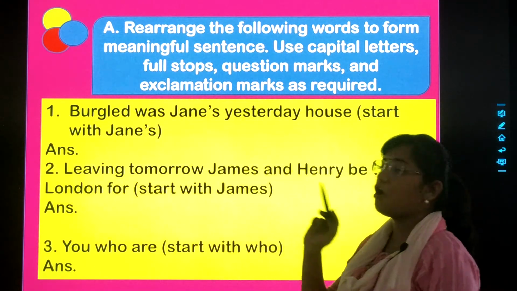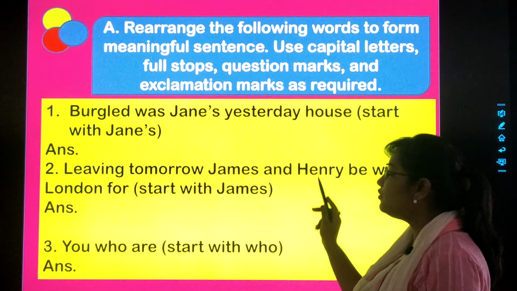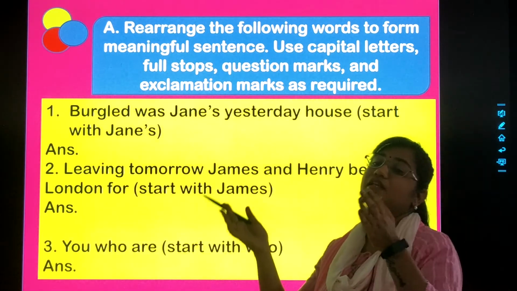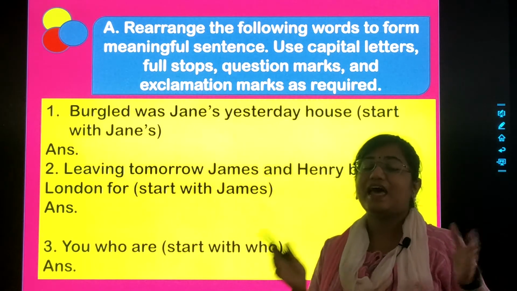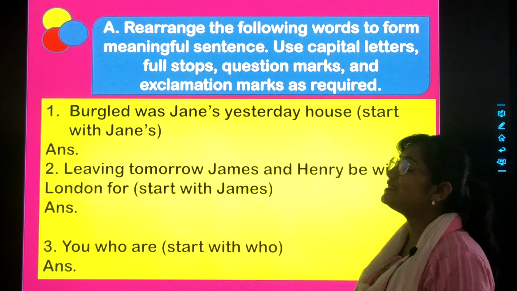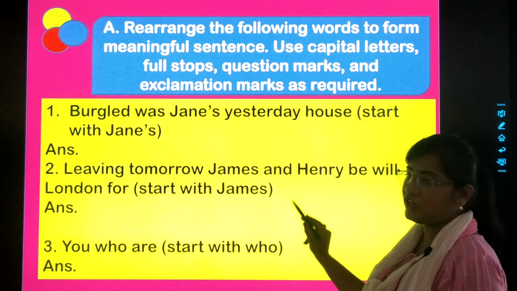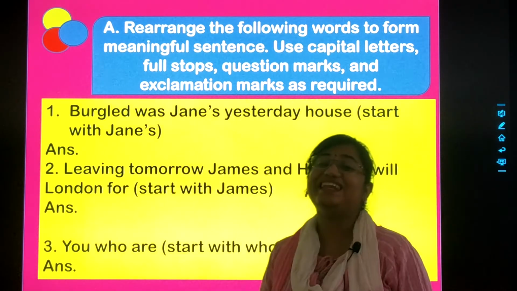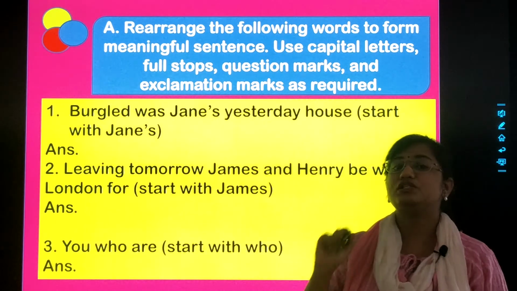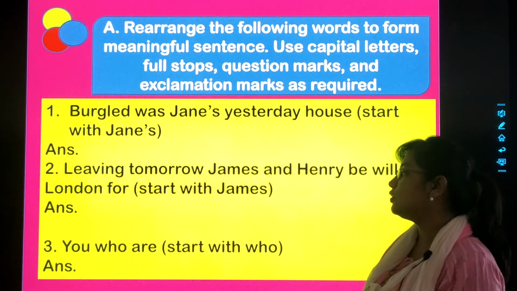So, the J of James must be capital and Henry will always be capital as well, because the name of a person, place, animal or thing will always be capital in the sentence formation. So, James and Henry will be leaving for London tomorrow, full stop, as it is giving us information.